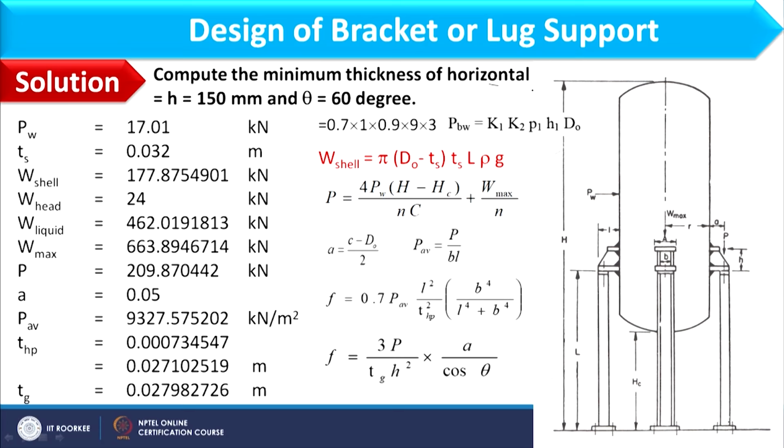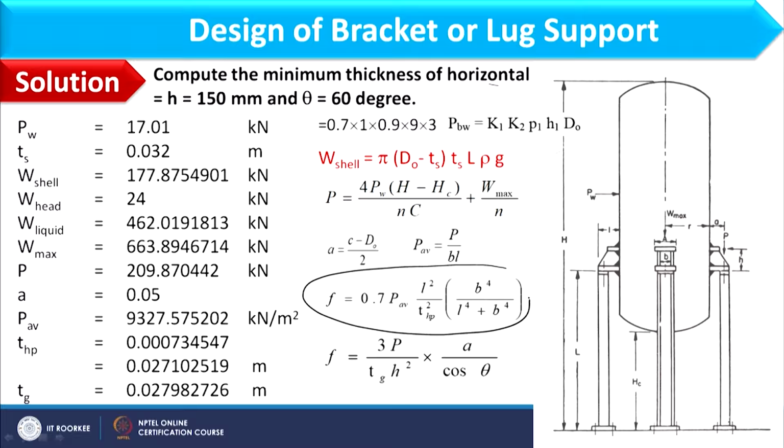Now, I need to find out thickness of horizontal as well as gusset plates. For that case, if you consider this is the expression to find out thickness of horizontal plate, and to compute this I need to calculate P_AV first, and for calculation of P_AV I need to find out total load on each lug, and that is given by this particular expression.